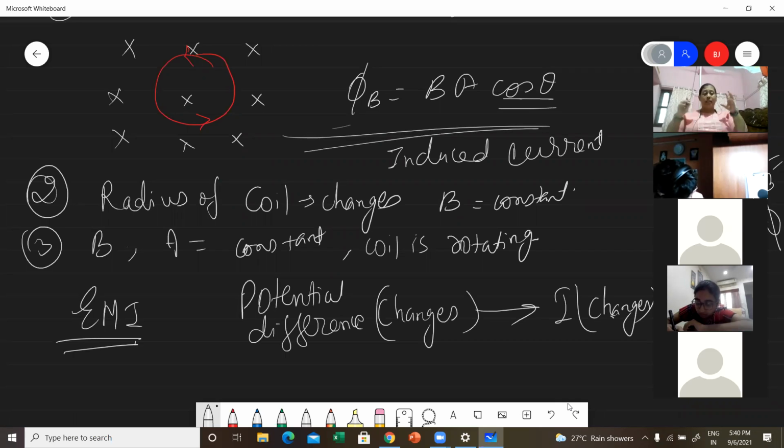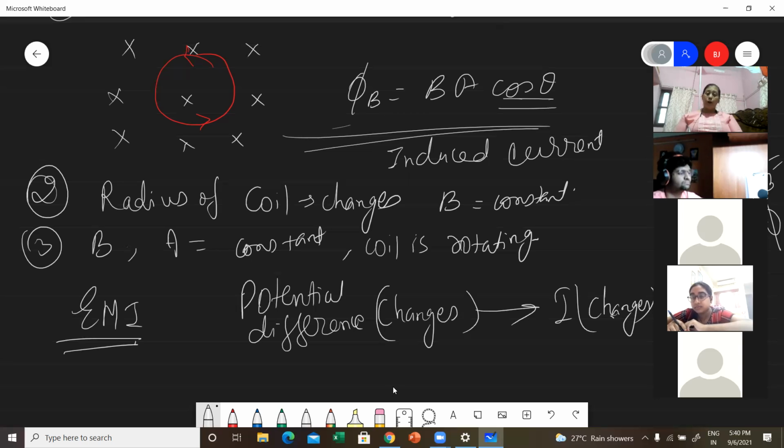Here we are not connecting it with our external battery. Here the current is produced because of the change of these three conditions: my magnetic field, my area, and my cos theta. Because of the changes of these three things, my current is inducing in the coil. Inducing means producing in the coil.